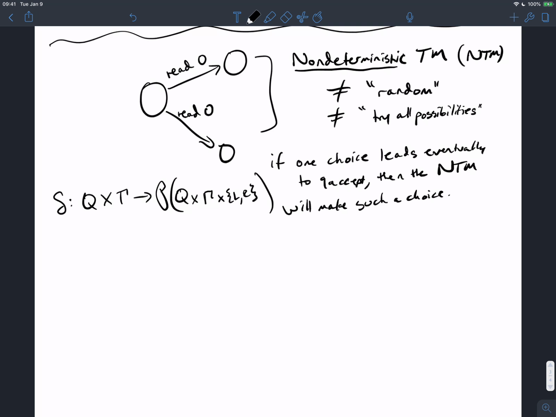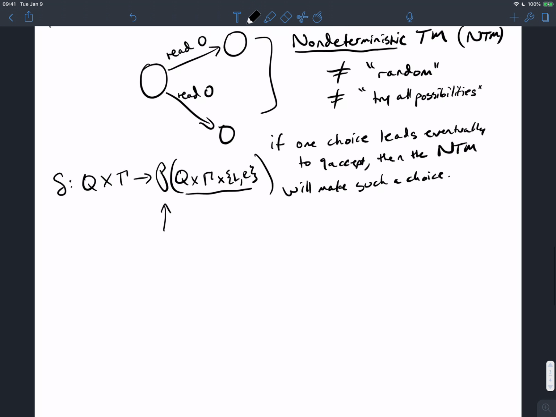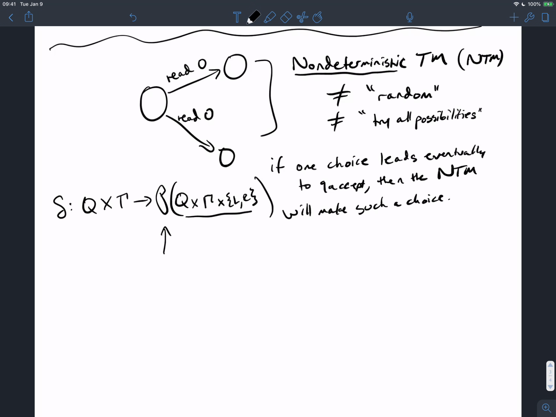Note that the power set is just the set of all subsets of this right-hand side. By doing this, it effectively allows us to have as many transitions like these as we want, including 0 if we want to.